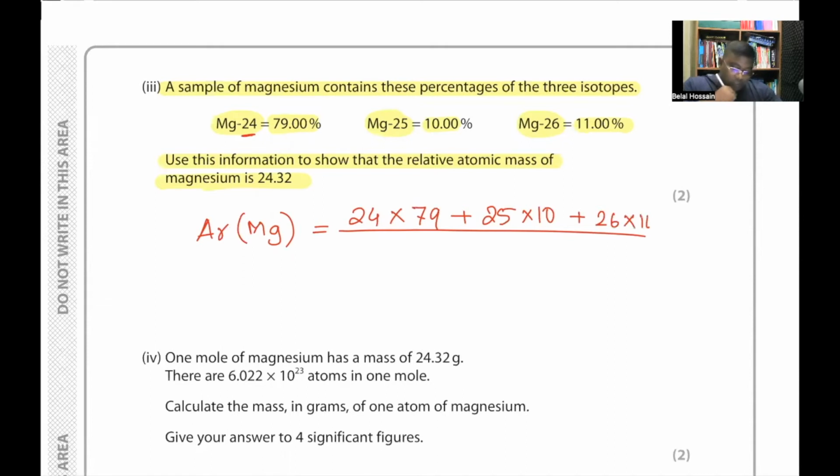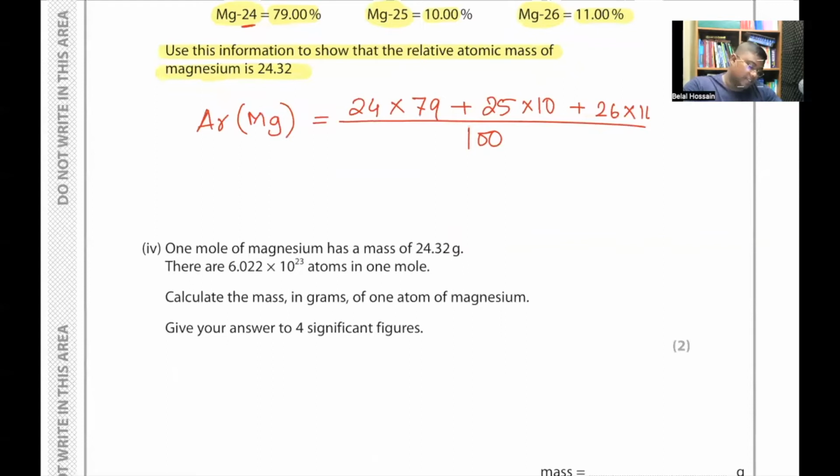Now the total percentage adds up to 100, so we will divide it by 100. Sometimes this percentage may not add up to 100, so you will divide it by the number that it adds up to. So then basically you will get the correct answer.